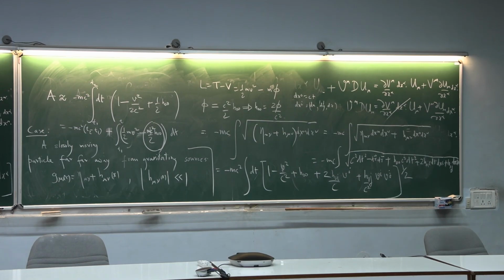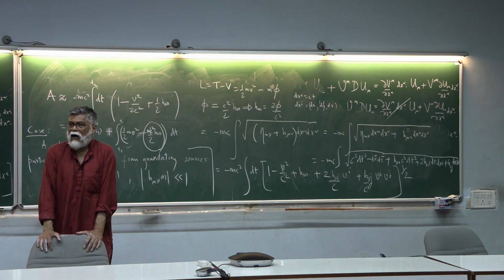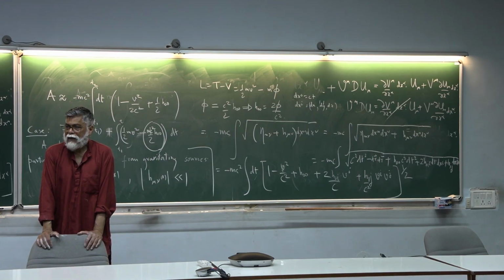Only when you go to a white dwarf or neutron star, on the surface of a white dwarf or neutron star, 2 phi by c square will start dominating. So for example, do this numerical calculation. A neutron star having mass 1.4 solar mass has a radius of 10 kilometers. Find out the following quantity: G times 1.4 solar mass divided by 10 kilometers.